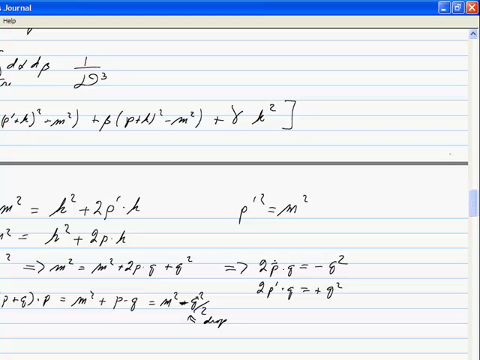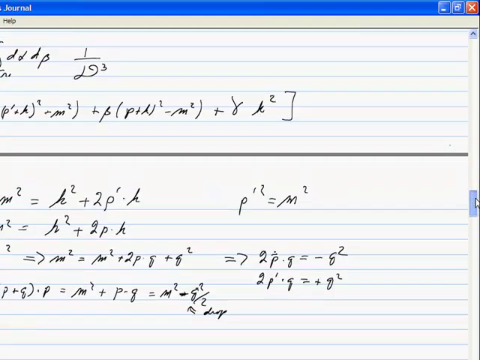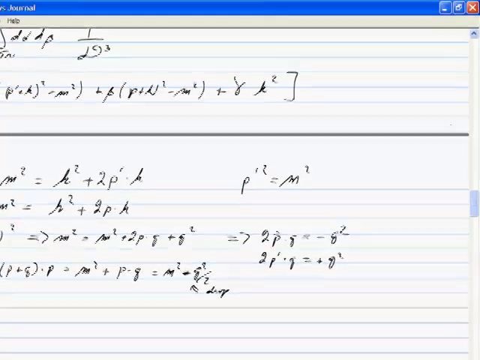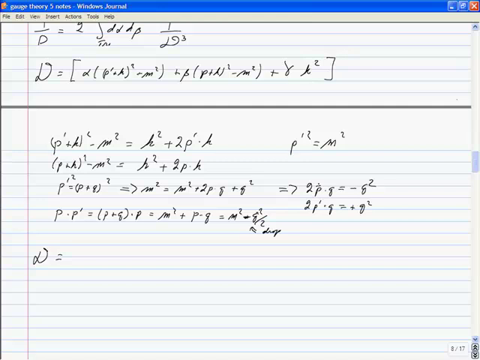Okay. So there's a bunch of kinematics. Those are pretty standard. But basically, anytime you see P dot q, you turn it into q squareds. So everything becomes a function of q squared. Okay. But then if I use this, script D is, well, each of these terms gets a K squared.